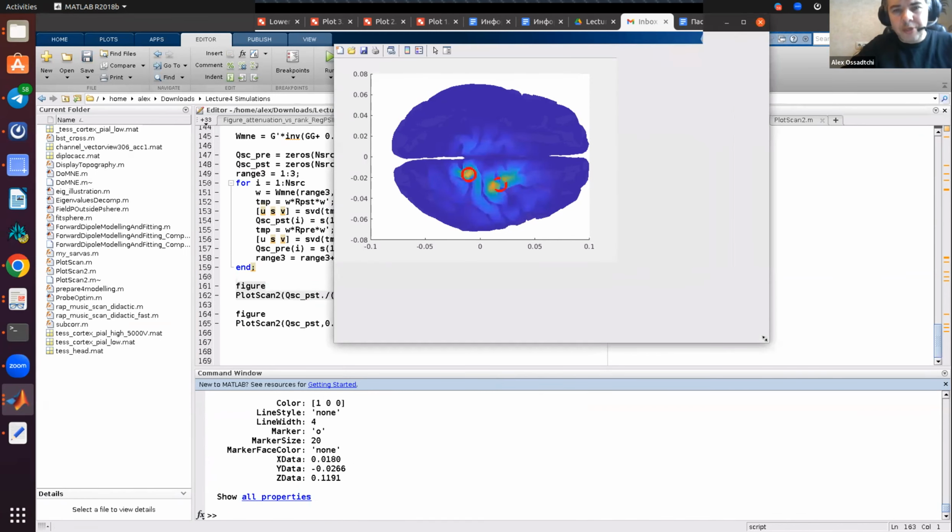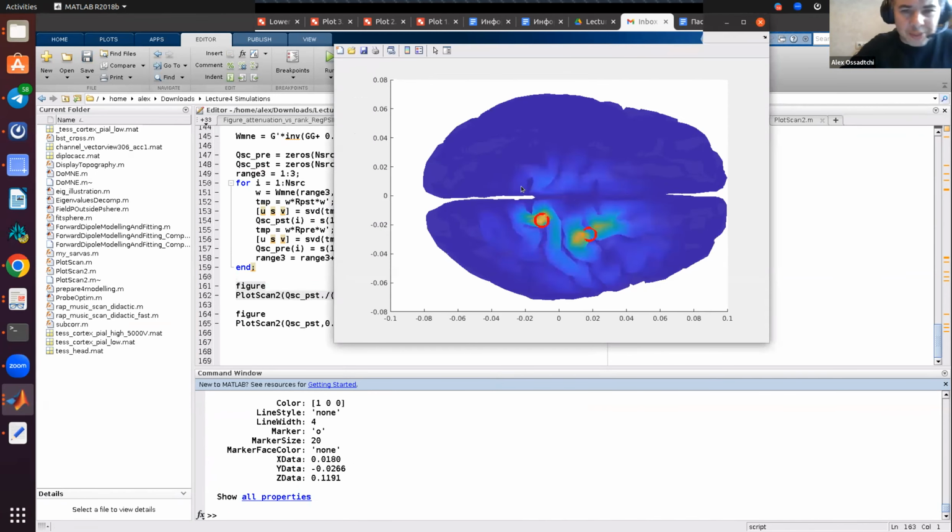Here's the solution. This is not as great as the beamformer, because the beamformer would give the maximum right here in the center. This one has a spread out picture, but it's still pretty accurate given how simple it is.